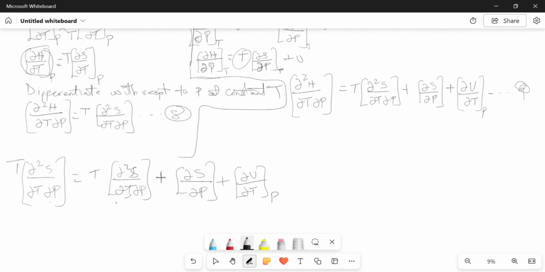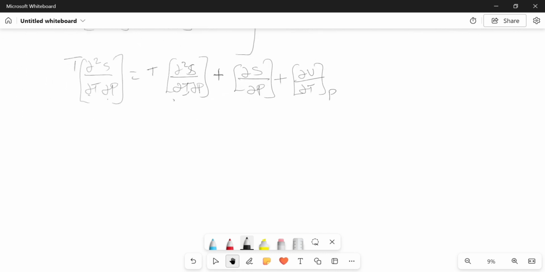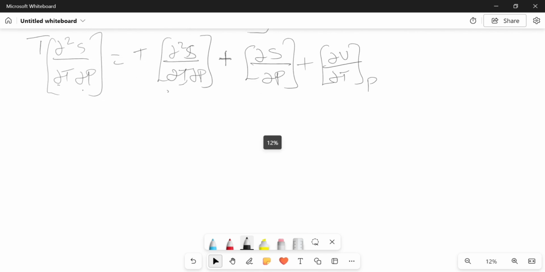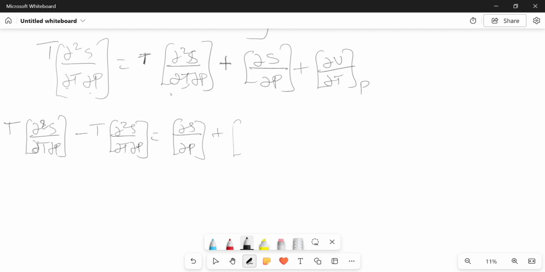That means if I bring it here, let me show us how we actually move with this. Good, we're almost here. So we have, don't forget, this is t. If I have t del squared s over del t del p minus t del squared s over del t del p, we're going to be having is equal to del s over del p plus del V over del T at constant pressure.